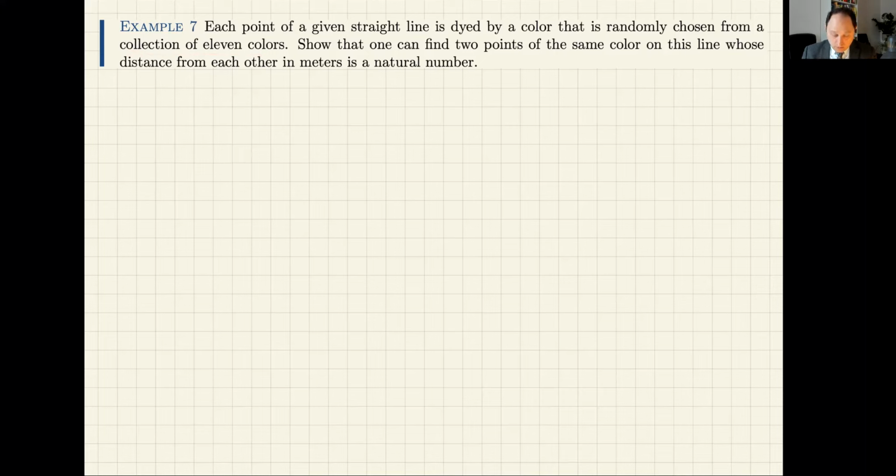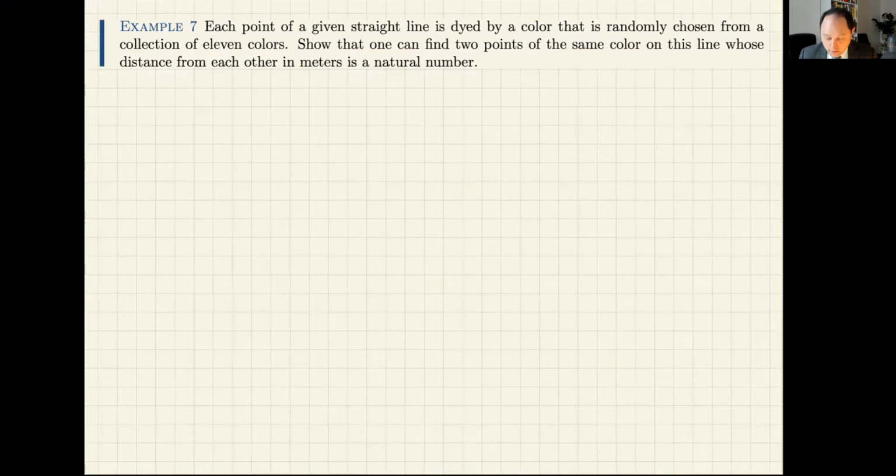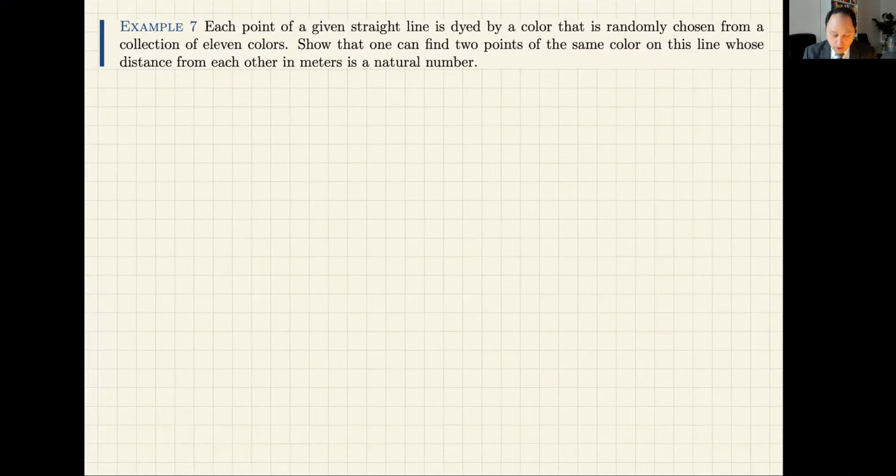Okay? So that's the statement of the problem. We want to show that one can find 2 points of the same color on this line, even though this process is done randomly, whose distance from each other in meters, for example, is a natural number. So is the problem clear? I have an infinitely long line, infinitely many points on this line.